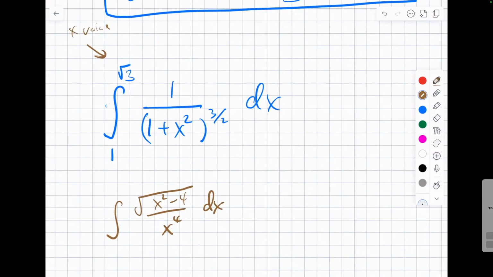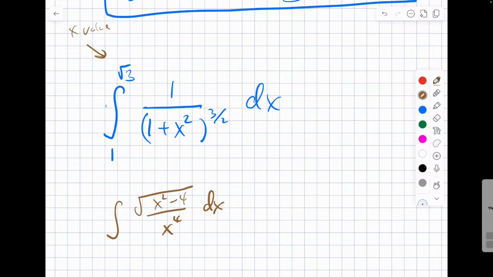Now this one you want to come back to x because this is a definite integral. Now an indefinite integral is going to be done in terms of theta. These few questions will not be on the AP exam. So if you don't understand, it's not the end of the world. But if you go to BC Calc, at least this is one of the major tests in Calc 2 at UCF or UF.